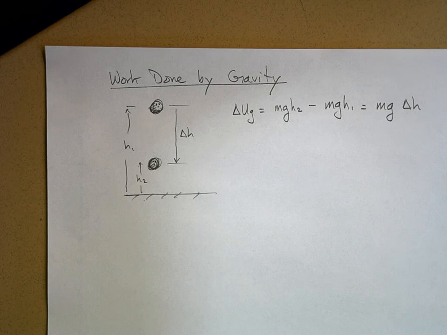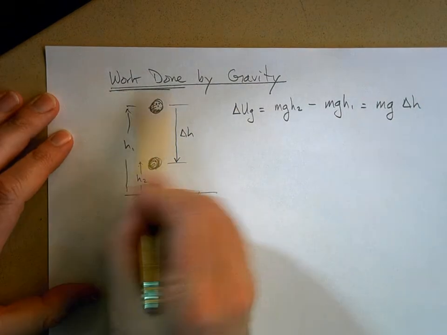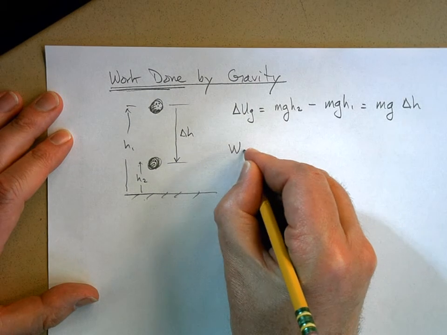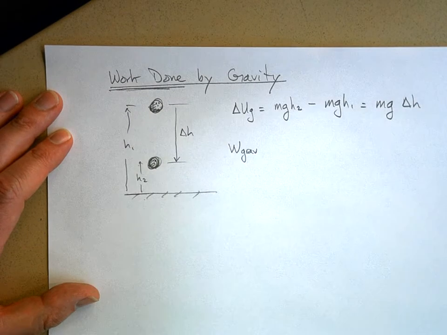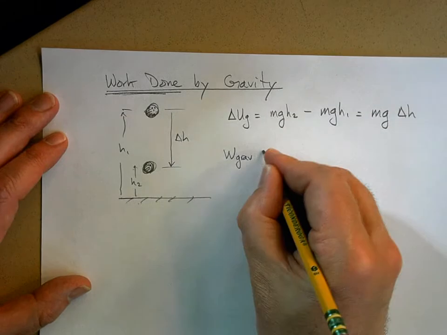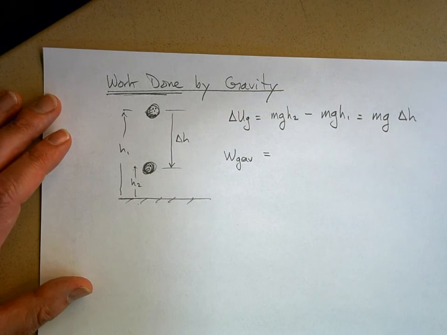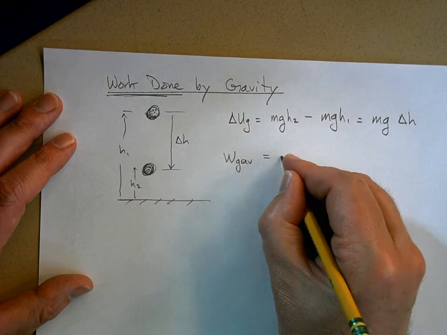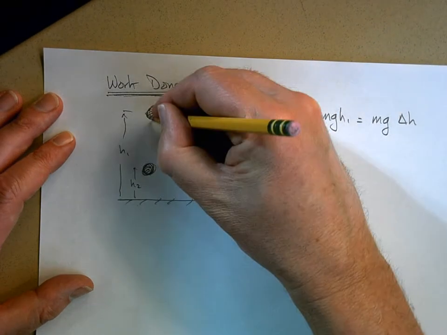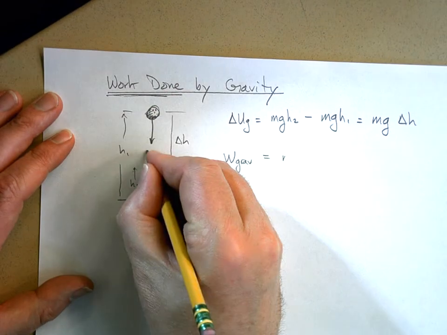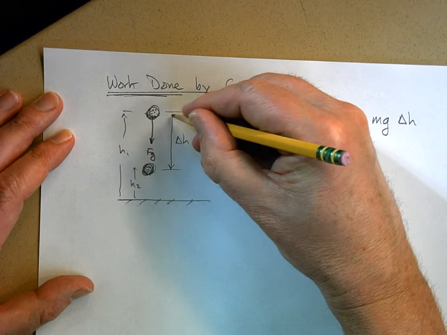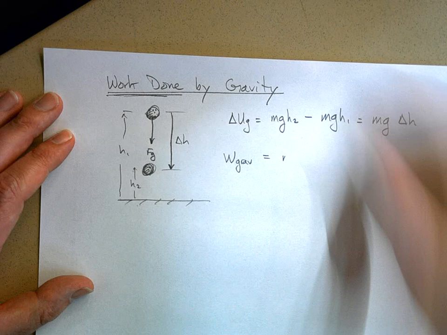Okay. Now, let's take a look at the work done by gravity. I'll put W grav. Okay, the work done by gravity is, well, look at the force, right? The force of gravity is straight down. And the distance it fell is straight down.